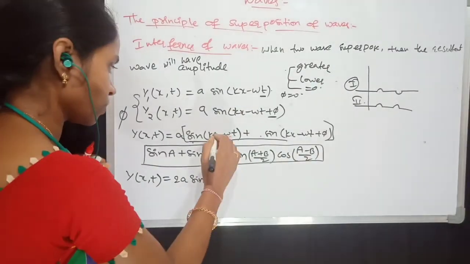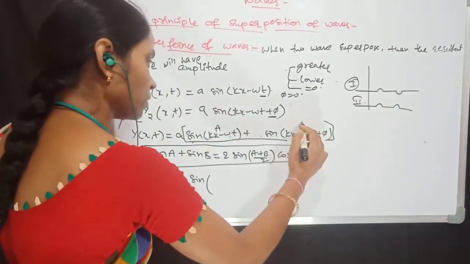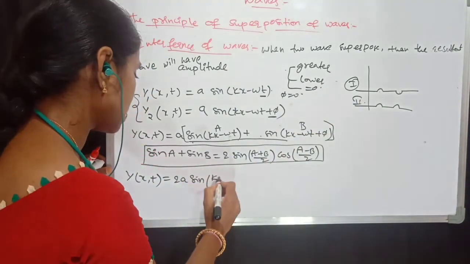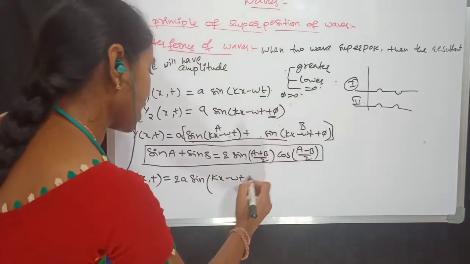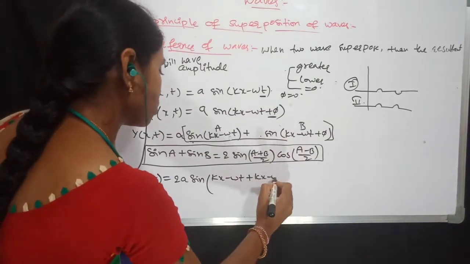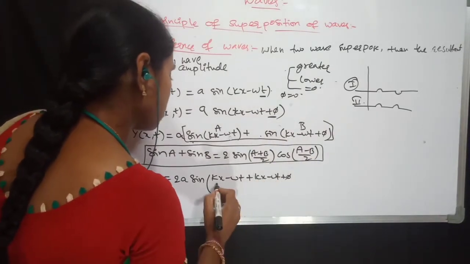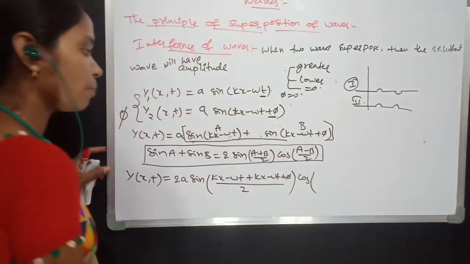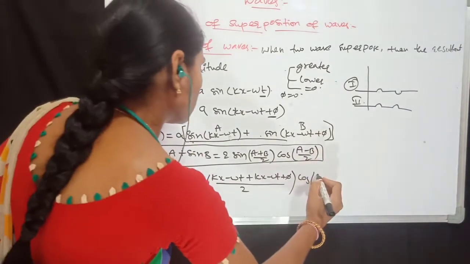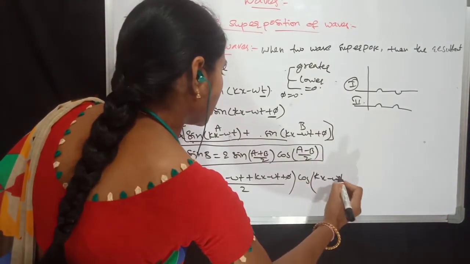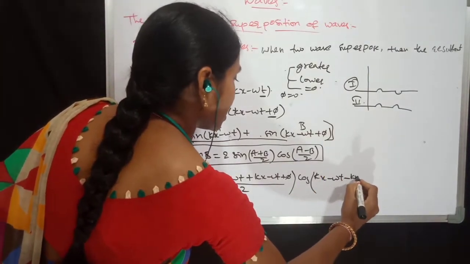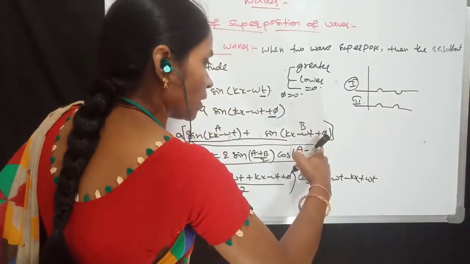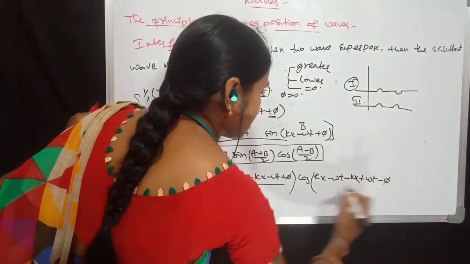Here kx minus omega t is A, and kx minus omega t plus phi is B. So kx minus omega t plus kx minus omega t plus phi, by 2, into cos of (A minus B) by 2. This is kx minus omega t minus kx, minus into minus will be plus omega t, minus into plus will be minus phi by 2.